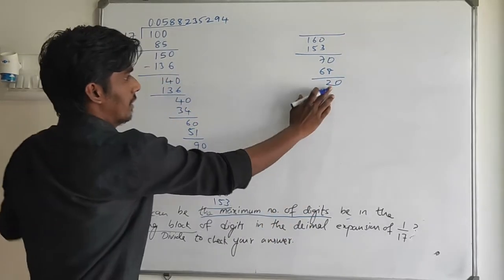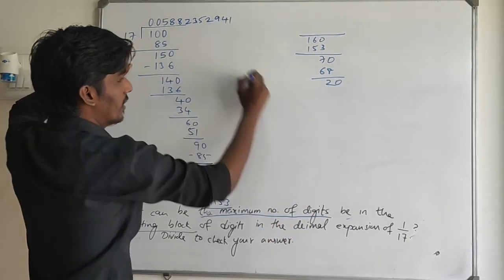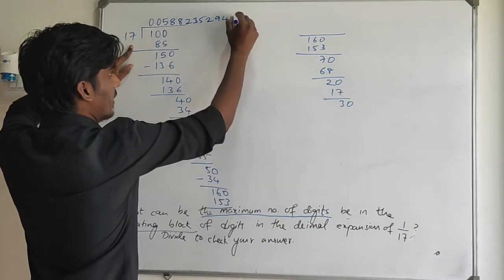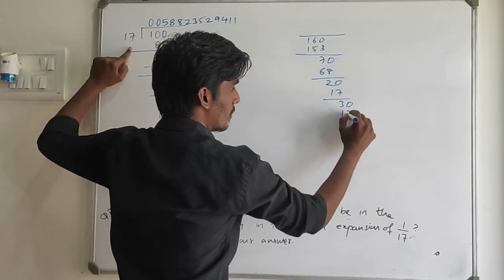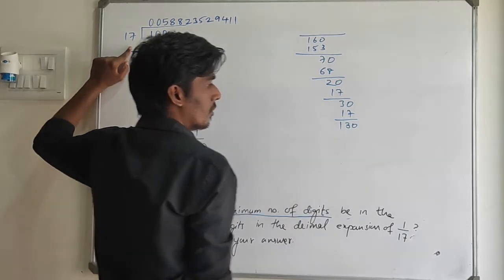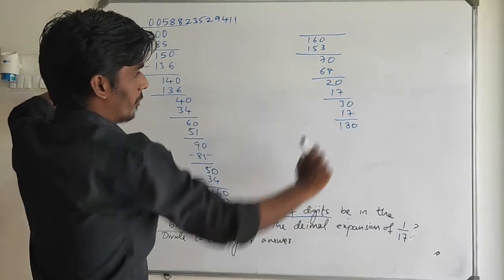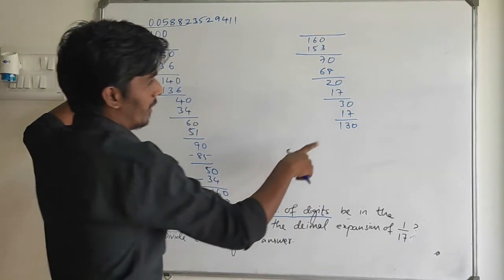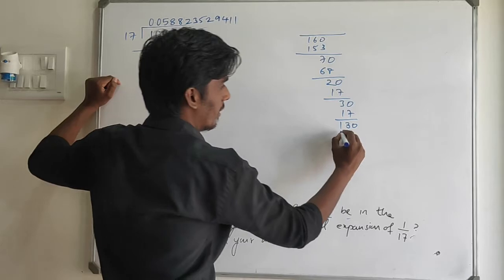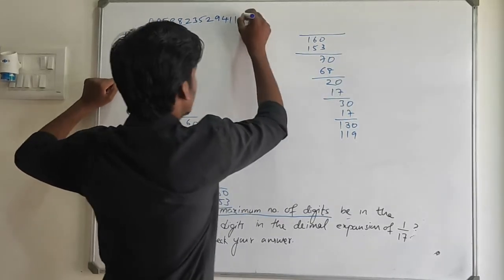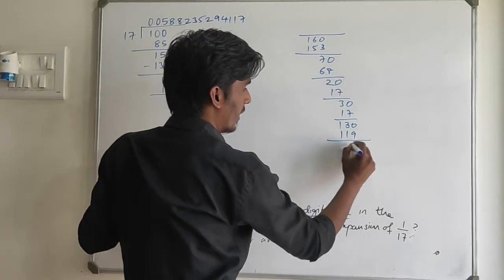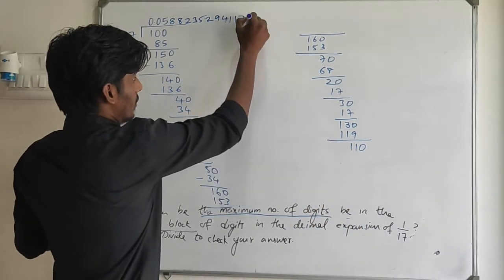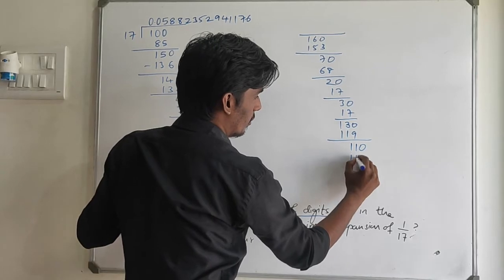Remainder 2. 20, 1 times 17 is 17. Remainder 3. 30, again 1 times 17 is 17. Remainder 13. Then 130: the multiples are 85, 102, then 119. How many times? 7 times 17 is 119. Remainder 11.